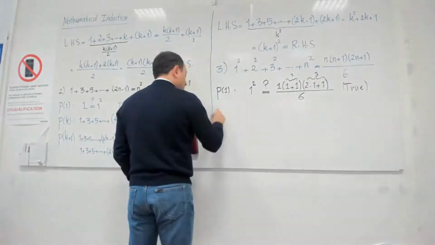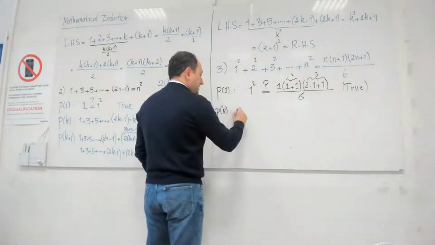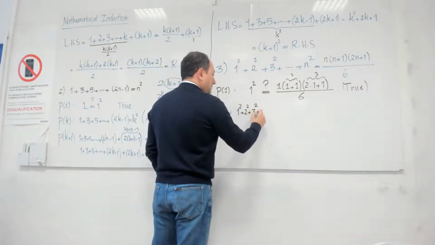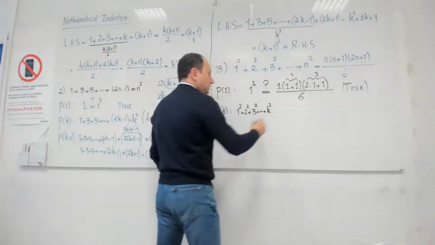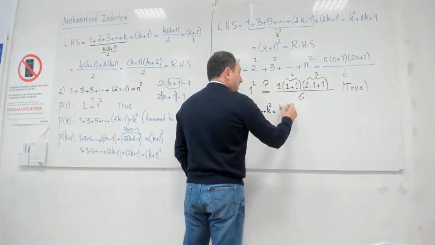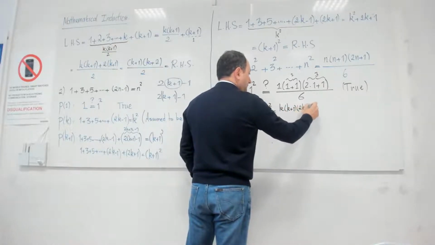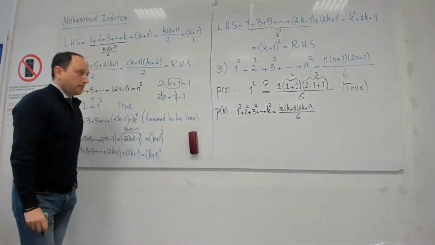Now I need to assume that P is true for k. So it means that 1 squared plus 2 squared plus 3 squared, up to k squared, is equal to k times k plus 1 times 2k plus 1 divided by 6. Yes?